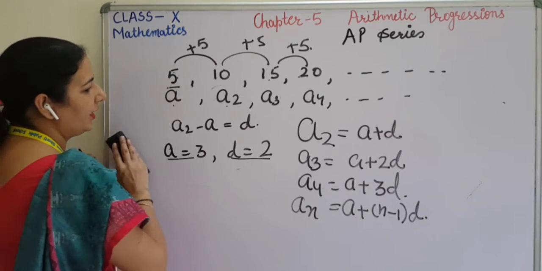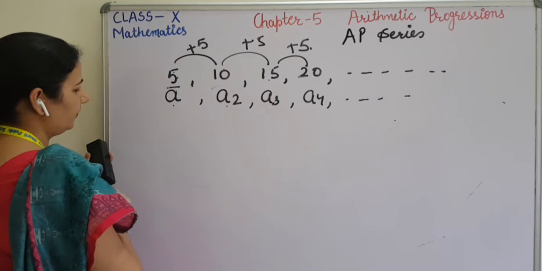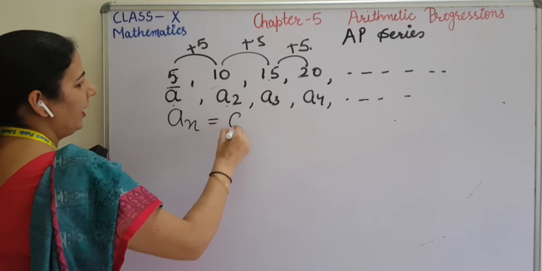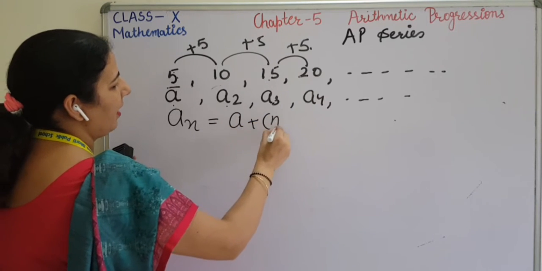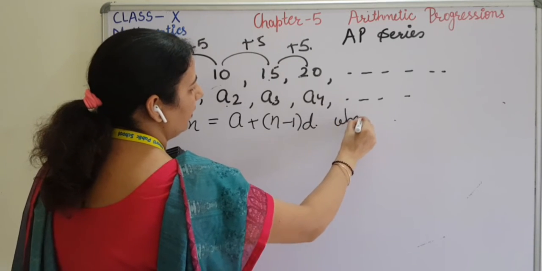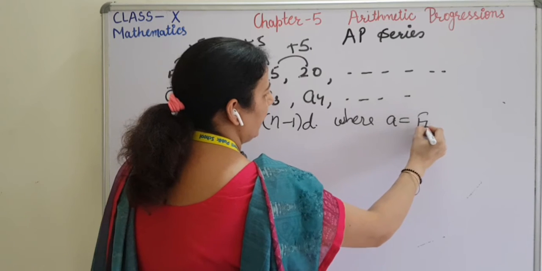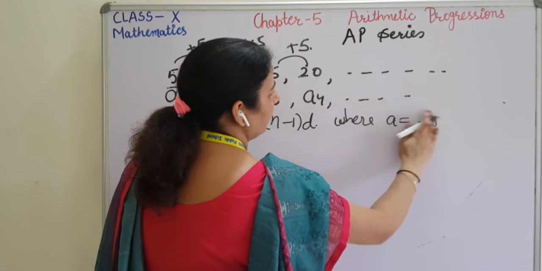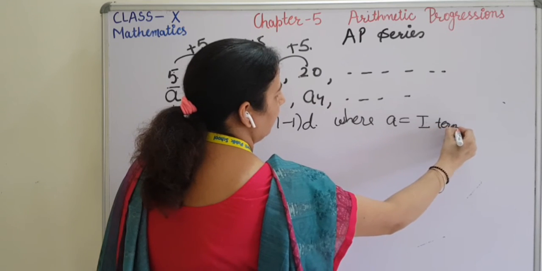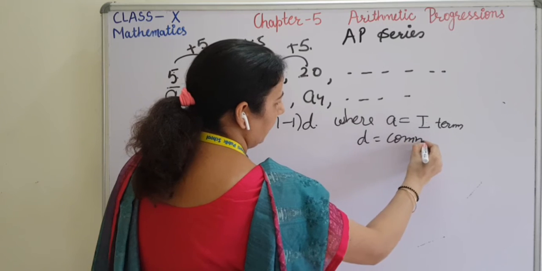So this is the main formula of our chapter. I am going to write it here. An is equal to A plus n minus 1 into D, where A is equal to the first term, and D is equal to the common difference.